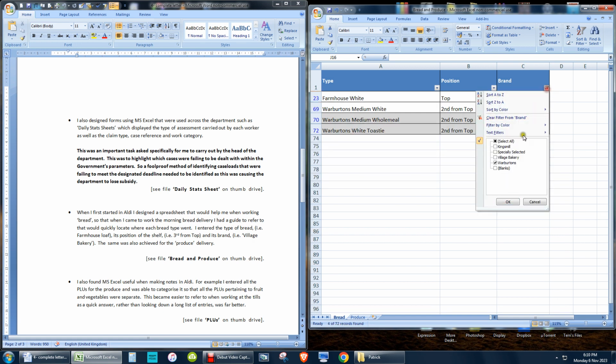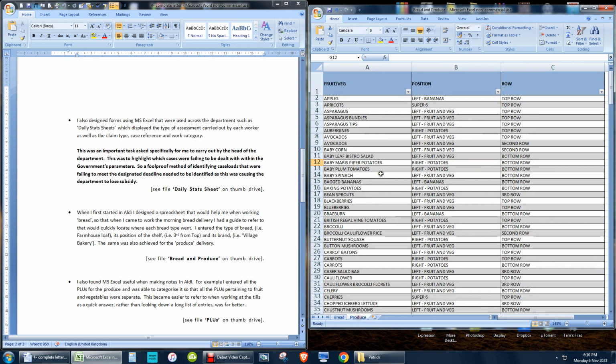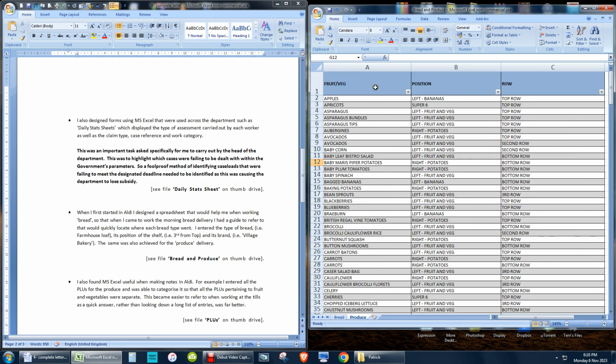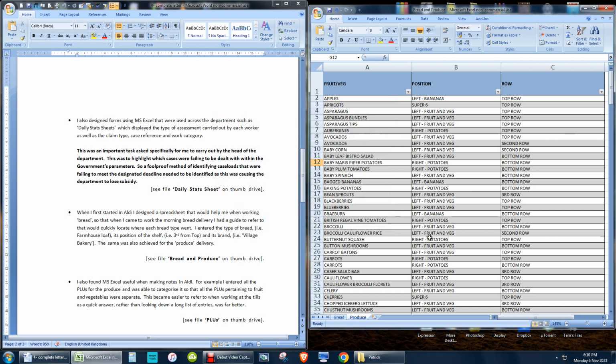So basically I'm using this as a database. And with the produce I could put all my fruit, if I created a column that said fruit and veg, I could put everything in fruit order and in vegetable order. But that's that particular example.